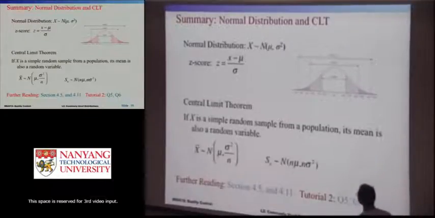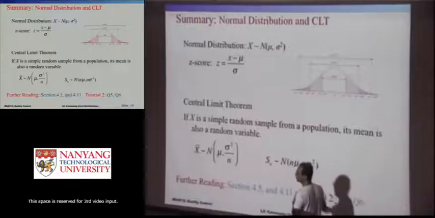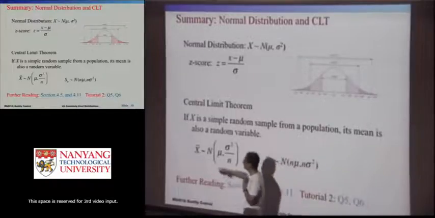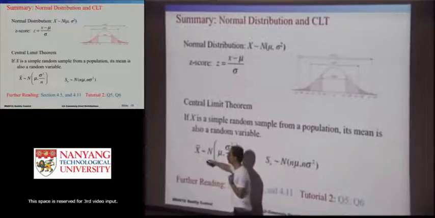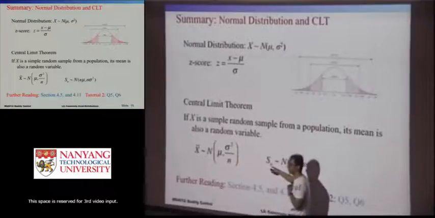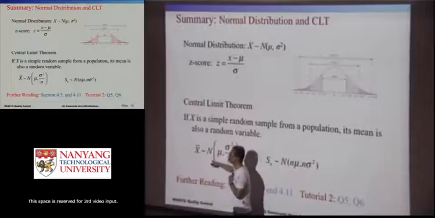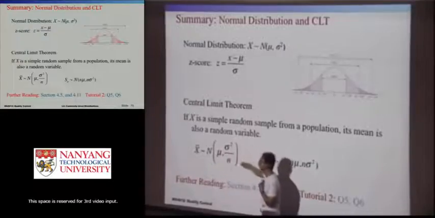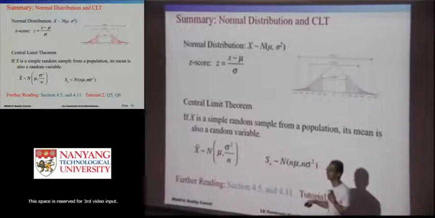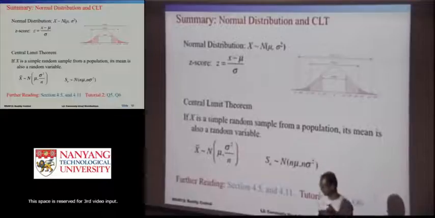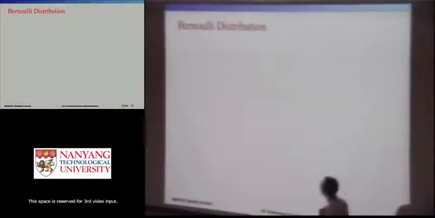The central limit theorem basically tells you that two random variables, one is x bar, the average of a sample, and one is the summation of a sample, satisfy a normal distribution, and their parameters are given by this. Okay? Then we can move on.